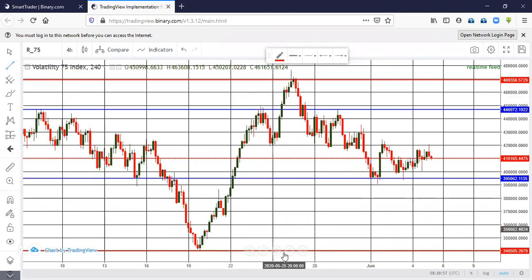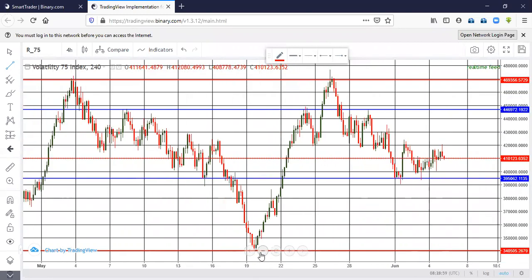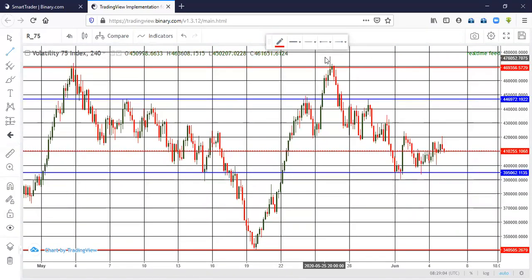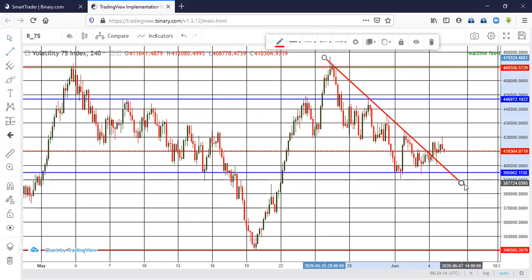Okay, we just try to zoom in a bit. So we have this area here. So we'll draw our trend line from there, like that. This will be our trend line, which we have basically drawn.